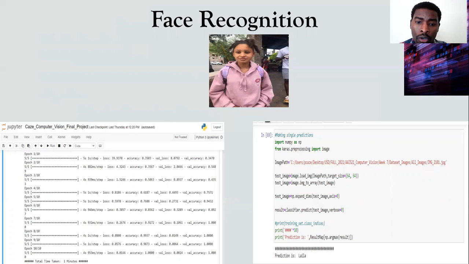Also, I believe that if I had more pictures with different poses and also implemented more epochs, the model could be trained better and to a higher degree. And I think that would, again, result in better predictions for my model down the line.